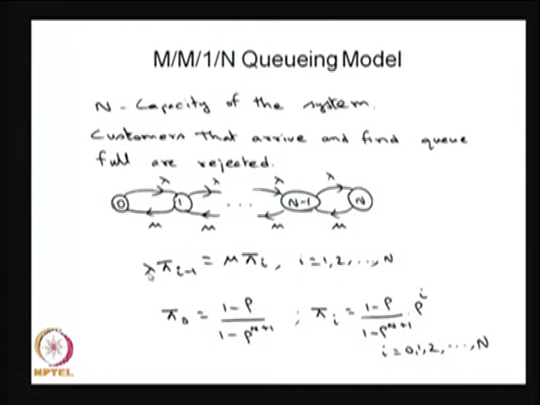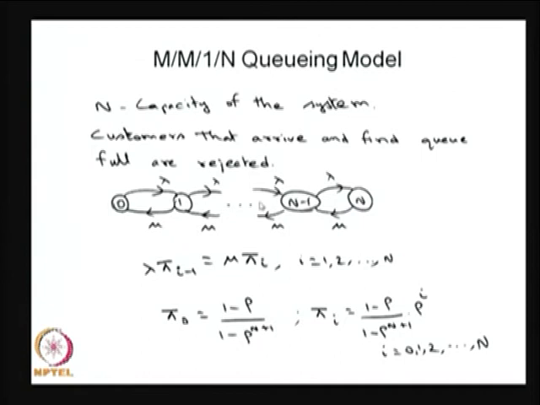What is the inflow rate and what is the outflow rate? Both are going to be the same whenever the system reaches the equilibrium state. Therefore, the outflow is lambda times pi 0, the inflow is mu times pi 1. Like that you can go on understanding the balance equation for the second state and so on.